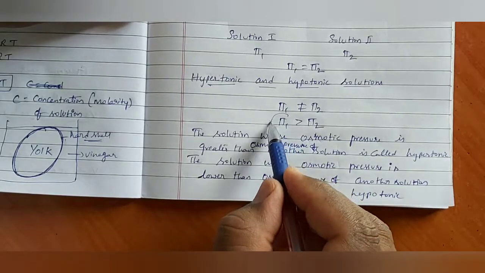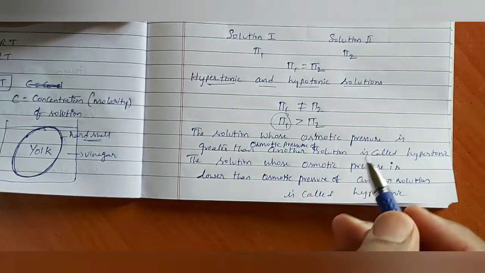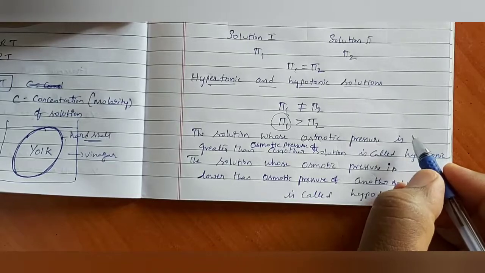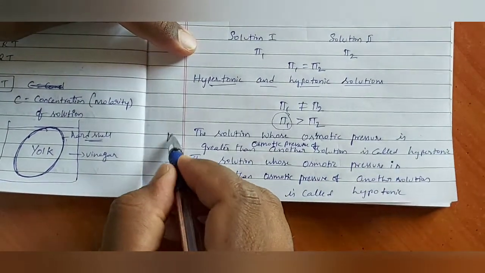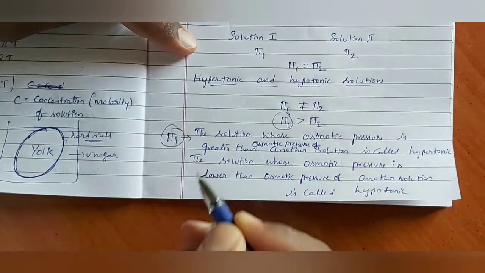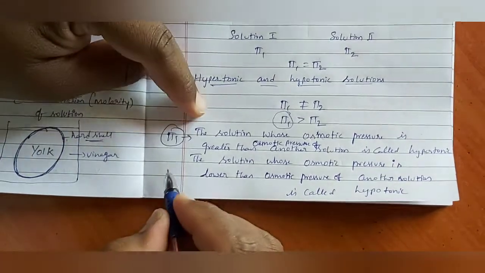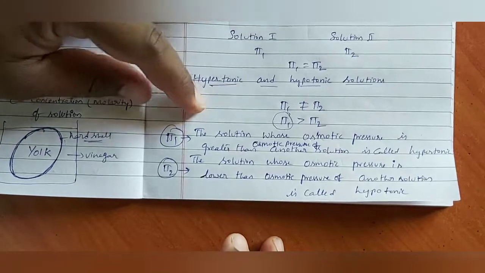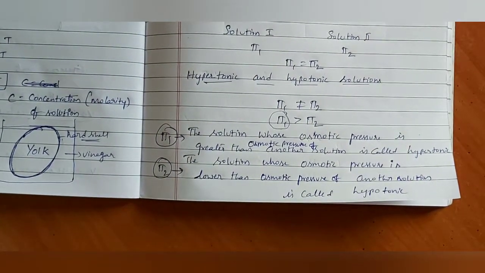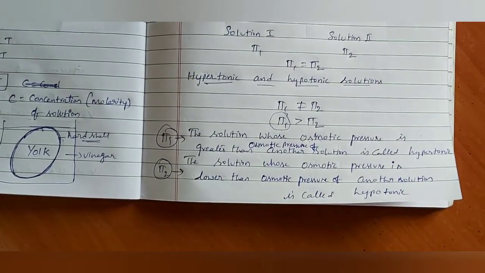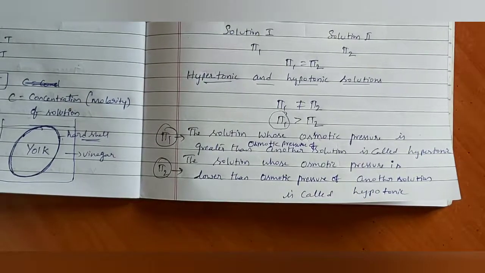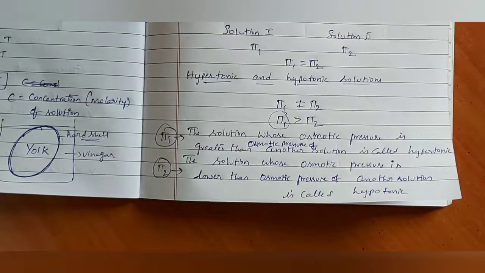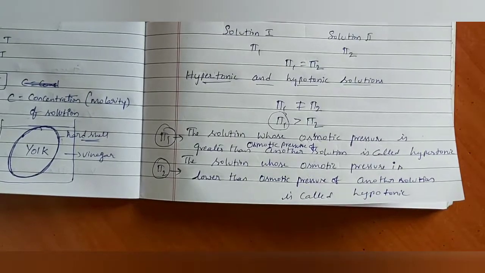In this I took the example pi 1 is greater than pi 2. Then which one has higher osmotic pressure? Pi 1. That pi 1 is example for hypertonic. And which one has lower osmotic pressure? That is called hypotonic solution. The solution which has higher osmotic pressure is called hypertonic solution.